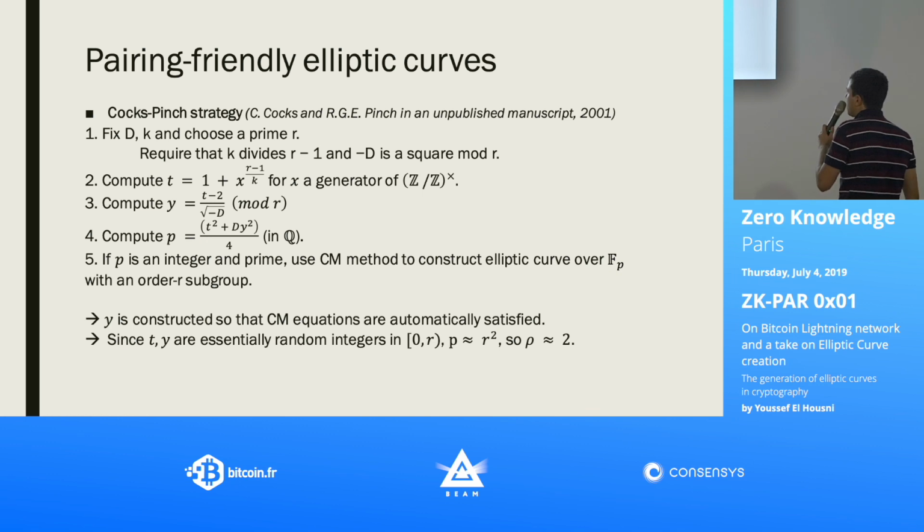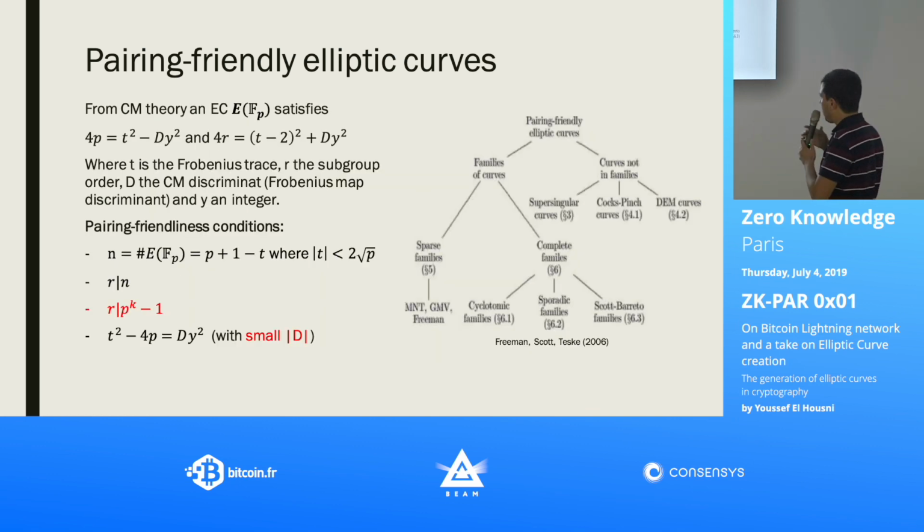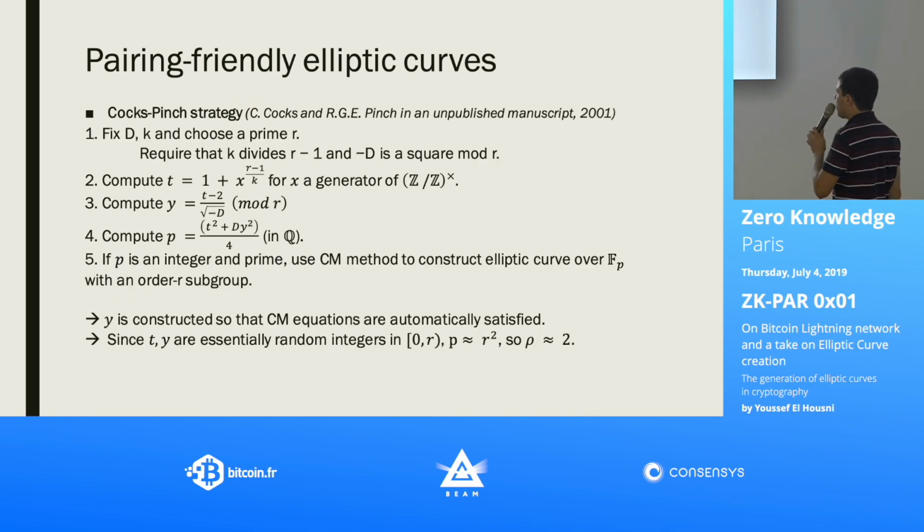So the Cocks-Pinch strategy was, for this third point, you need to find k. If you fix k, let's say you want k equal to 12, at the end of the day, you need to factor p to the k minus 1 in order to find the r. But if you take P256, this is very hard to factor. So the idea of Cocks-Pinch is to make sure that you can find it.